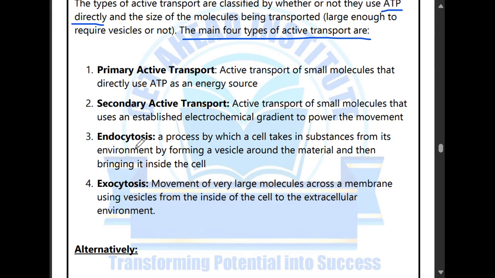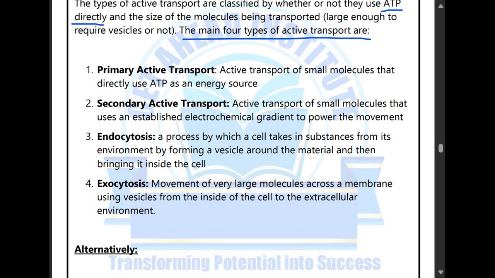Then we have endocytosis. Endocytosis actually falls under vesicular transport, but we separate them because they want four. The same way we have active transport, which is divided into primary and secondary, we have vesicular, where we have endocytosis and exocytosis.